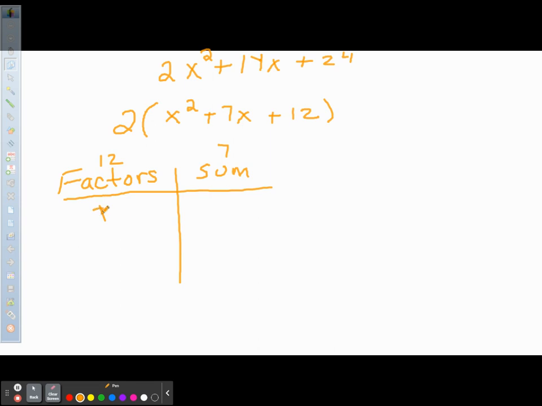Ariana, what's another pair of factors? All right, well, what are some factors of 12? What's the first one we usually write down? Okay, 1 and 12, perfect. And Cheyenne, what's another pair?